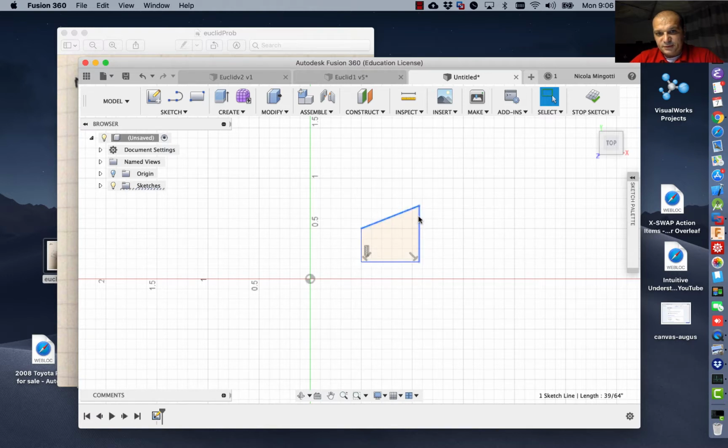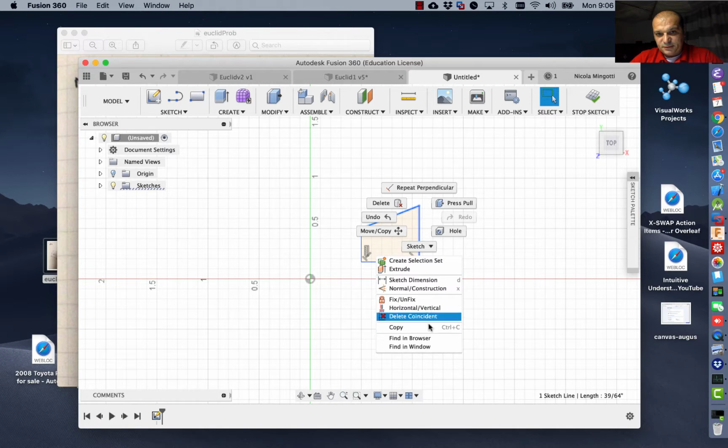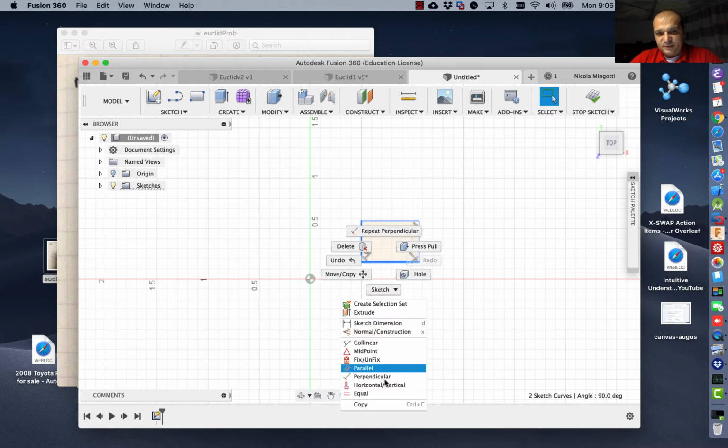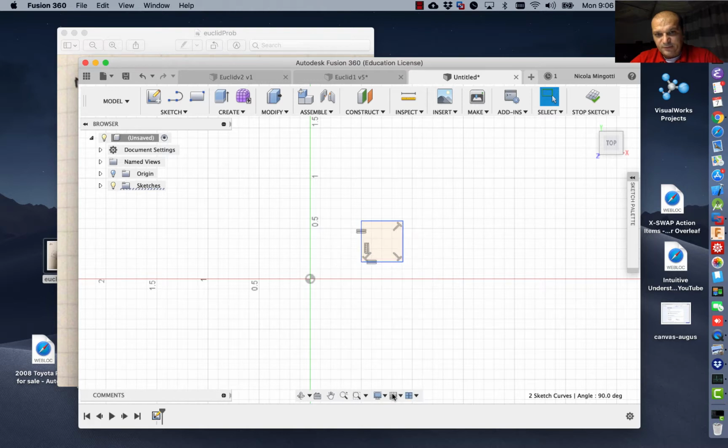This and this, perpendicular again. Then we want this line and this line to be of the same length, equal. So this is a square. You can see it: I try to change it, it remains a square. Good.